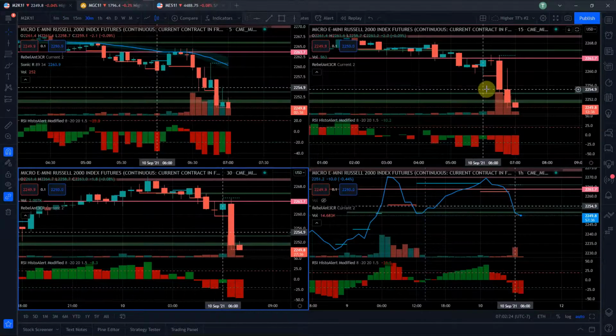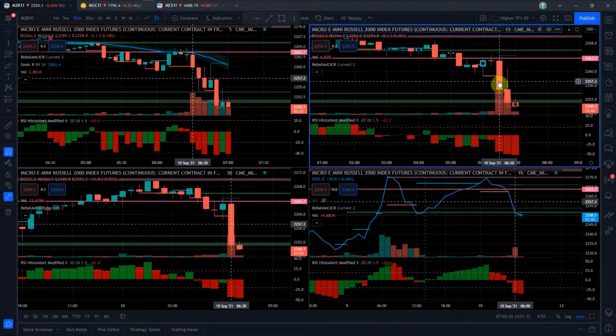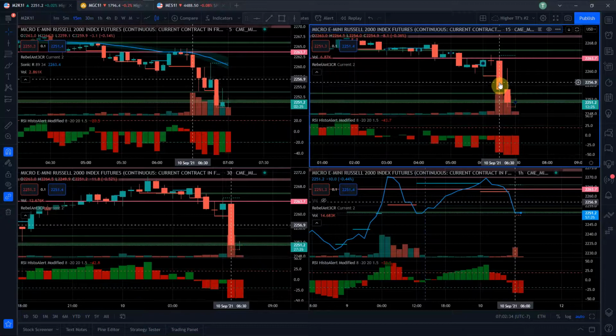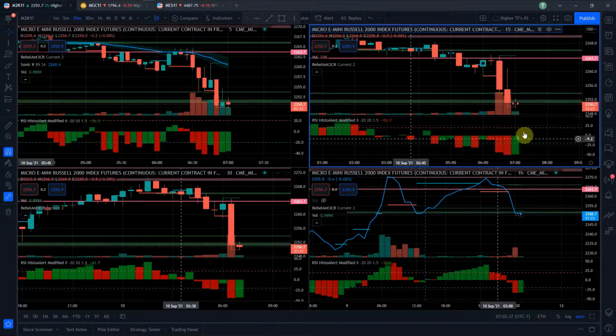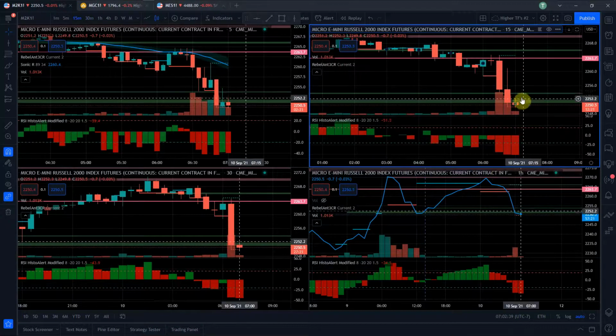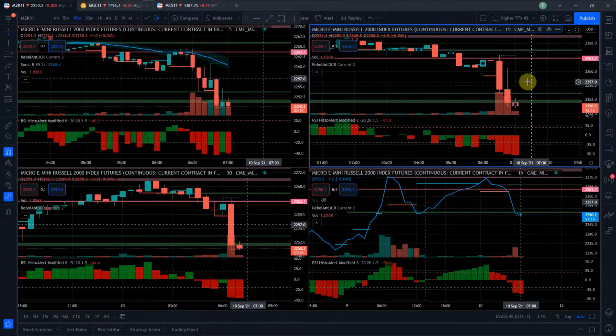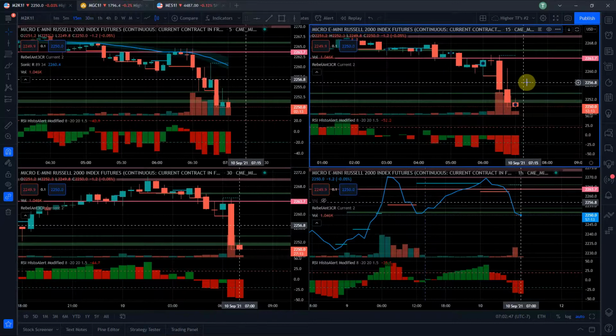When everything is lining up and you just have one piece that isn't lining up, it's not a reason to say I can't take this trade. If everything else is lining up, you do have opportunity to take these trades. It just won't be your AAA, 100% I'm taking this trade type of trade.